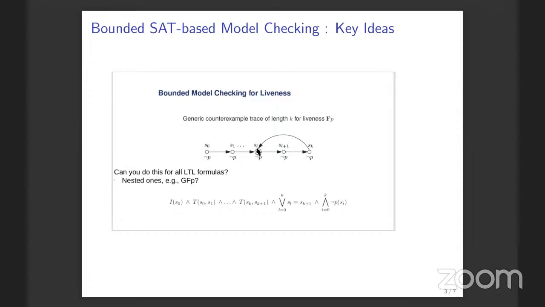Therefore, because our property specification language is either LTL or, in the case of omega regular properties, we saw that those properties themselves are structured this way. Therefore, the violations to those properties are always of this shape.